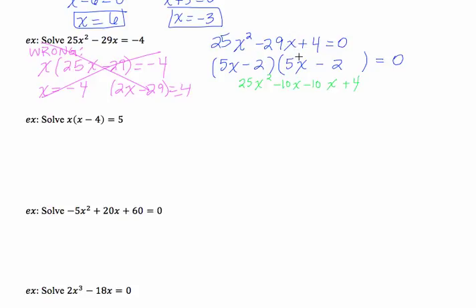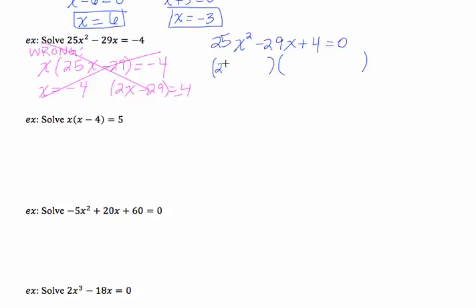So I need to back up here. If I'm going to get 29x here in the middle, how about multiplying 5 and 5 together? That would be more likely to get us there. But there's no way to write it so that we have both a 5 here and a 5 there, because then the last term wouldn't multiply to 4. So what if we wrote the first two terms in terms of 25x and 1x instead of 5x and 5x?